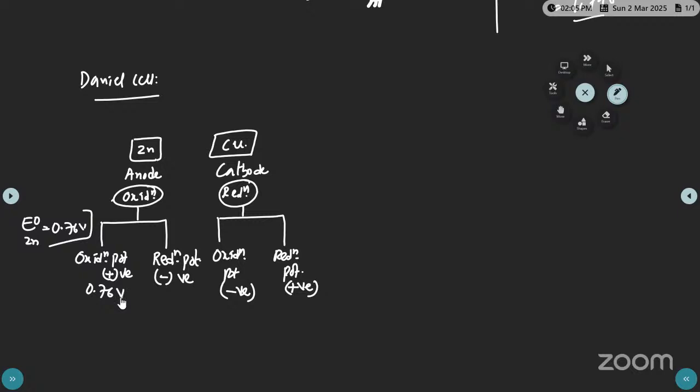And what is the reduction potential of zinc? Minus 0.76 volts. Ala. And next to a copper, E naught of copper is equal to 0.33 volts. Okay, so the reduction potential is 0.33 volts, and its oxidation potential is minus 0.33 volts.